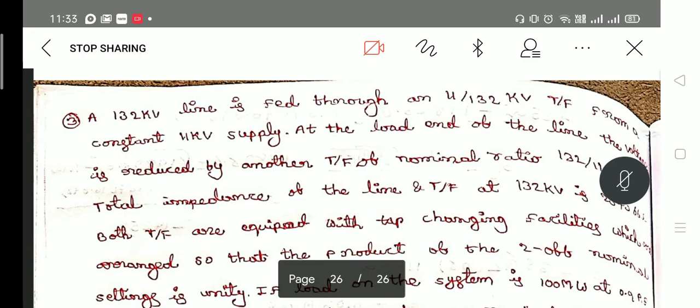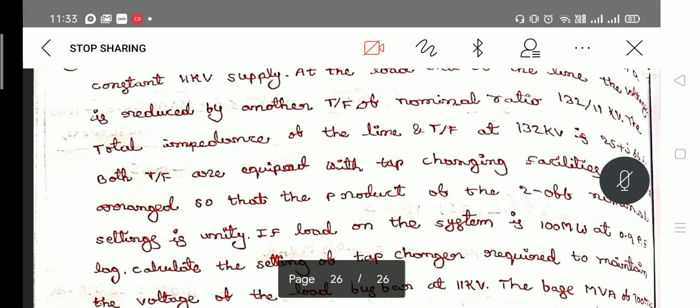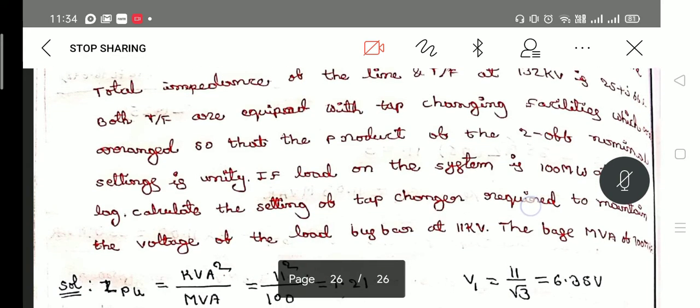Total impedance of the line and transformer at 132 kV is 25 plus j66 ohms. Both transformers are equipped with tap changing facilities which are arranged so that the product of the two nominal settings is unity.